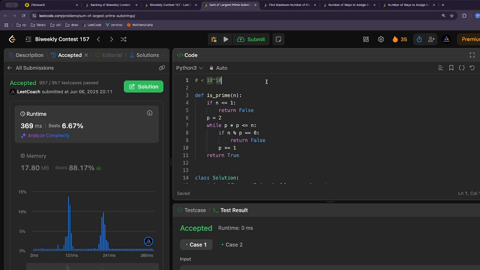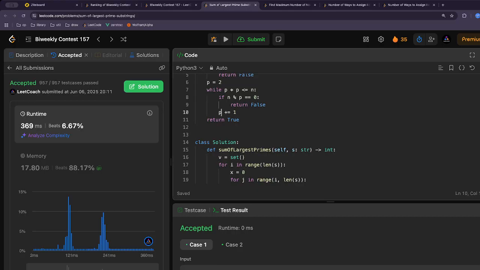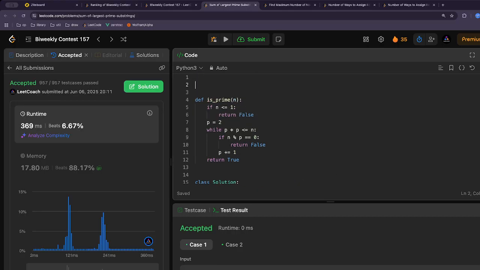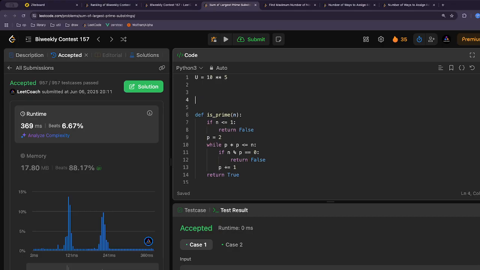And so maybe if we pre-calculate the primes, right? Remember that if we do things outside of the class, they will be executed only once for all the test cases, and they will be fast. So here, if we pre-calculate all the primes that are less than 10 to the 5, then we only need to go over those, right?